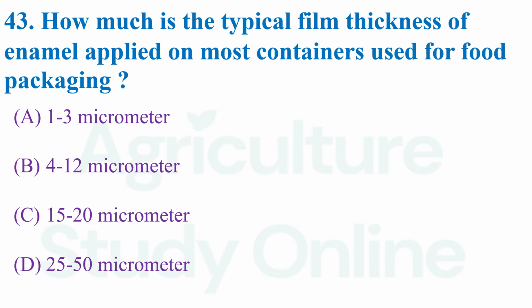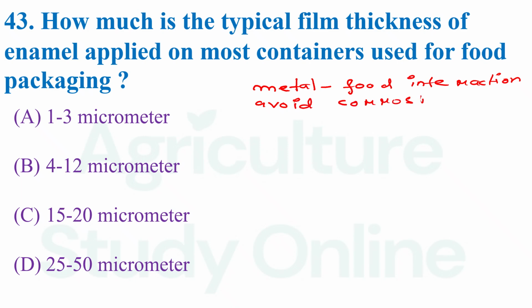So enamel coating in food containers, basically it is done to prevent the metal food interaction, and even to avoid corrosion, and maintain food quality and safety.